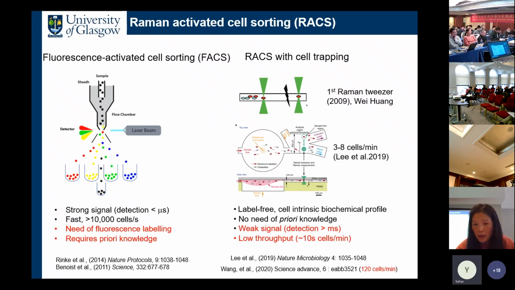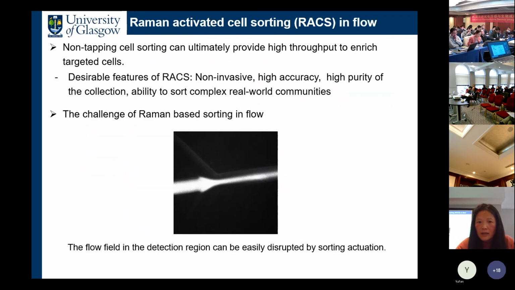The common challenge we still face is the throughput, because you have to trap the cell, wait, then detect it and collect it. Of course, it's a problem if we want to isolate rare cells, and we have to go through a large number of cells.